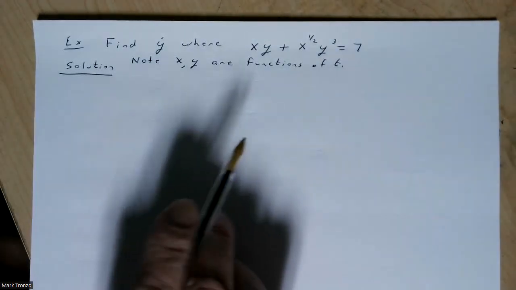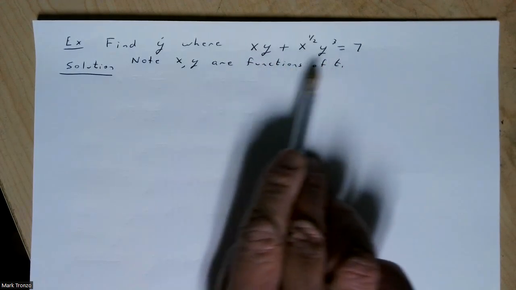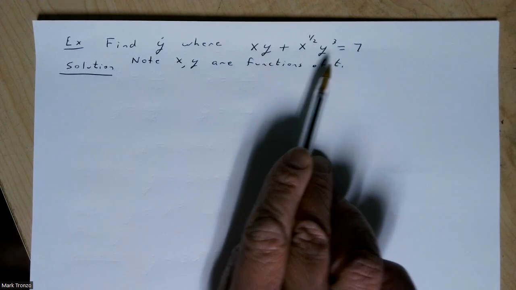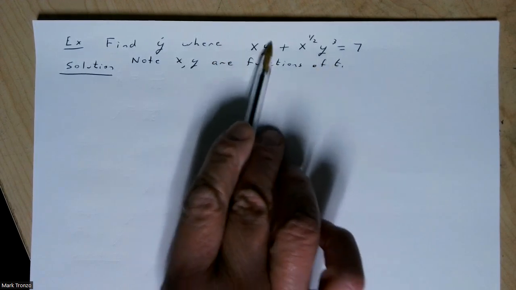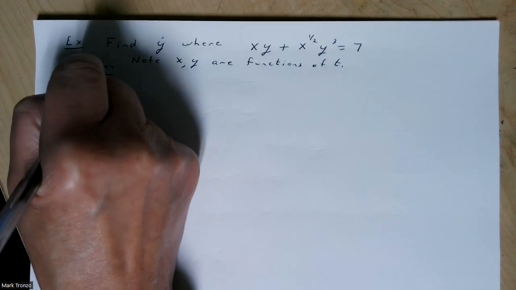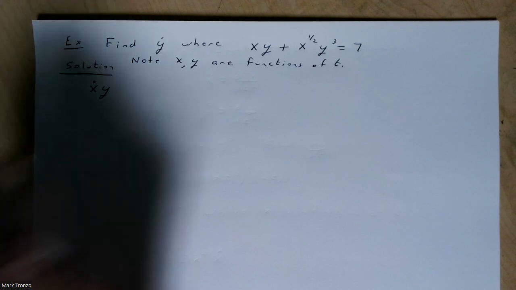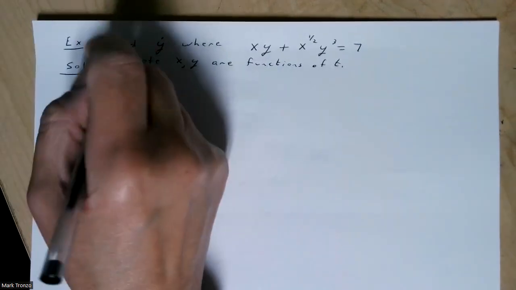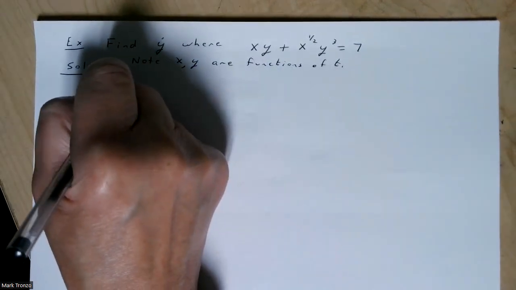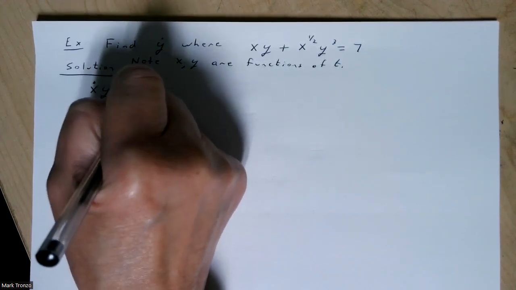So again, usually what we do is go across this whole equation and take derivatives. Over here, take the derivative of the first times the second, plus the first times the derivative of the second.